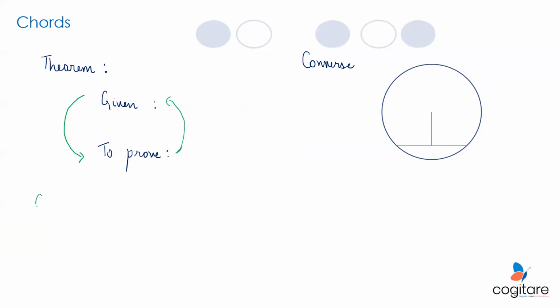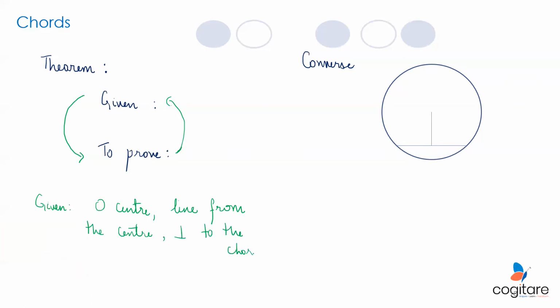Let's look at it. In the theorem that we just proved, it was given that O is the center. You had a line from the center and perpendicular to the chord, right?